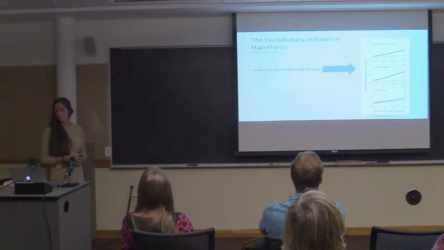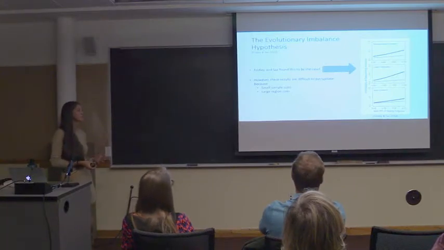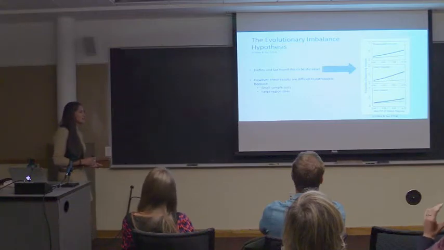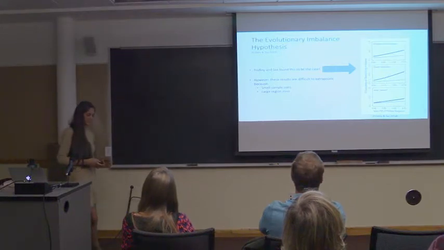So this is all well and good, but these results are difficult to extrapolate because they only focus on these three regions. And in order to extrapolate on a global scale or to make a difference, you need a larger study. Further investigation is needed.